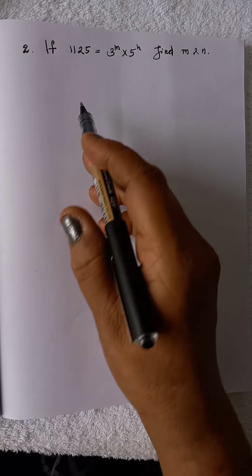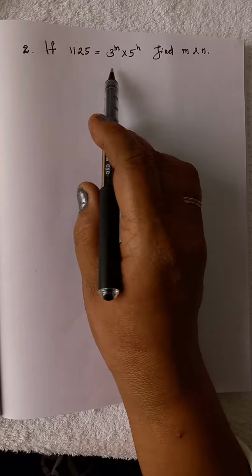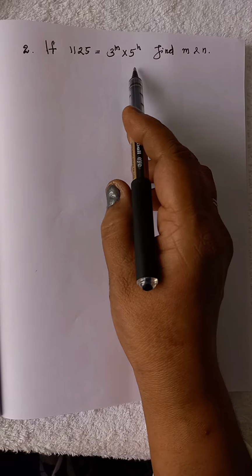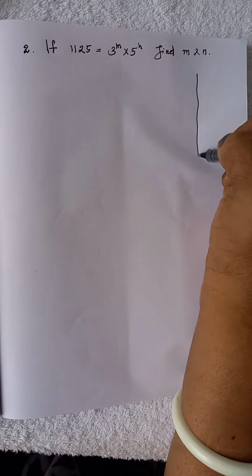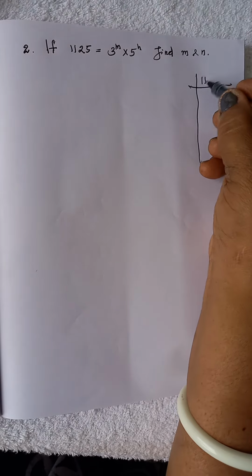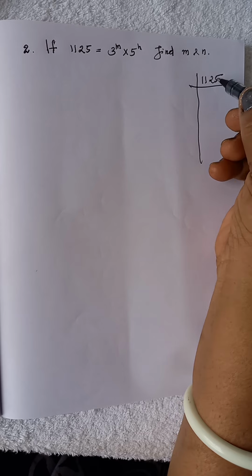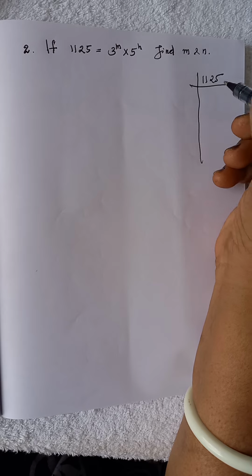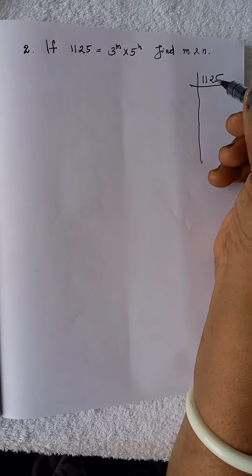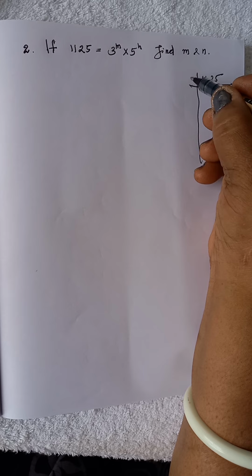Now the next question is, if 1125 is equal to 3 raised to m into 5 raised to n, find m and n. For that, we have to factorize this 1125 at first. 1125. So adding the digits, 5 plus 2 is 7 plus 1 is 8 plus 1 is 9. So that is divisible by 3. So it is a multiple of 3.